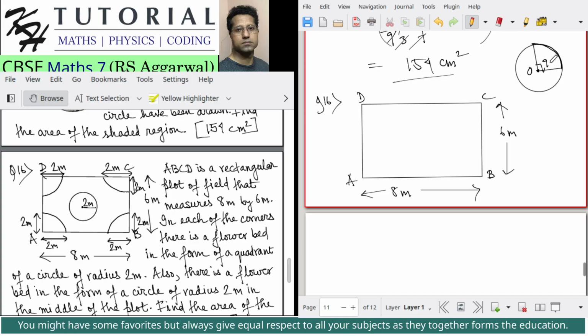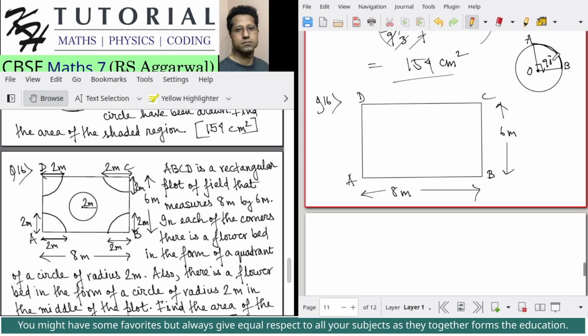So the endpoints of the arc AB make a sector whose angle at the center is 90 degree. Such a sector is known as a quadrant of a circle, and since this sector AOB makes an angle of 90 degree at the center, known as the central angle, its area will be equal to 1/4 of the entire circle.